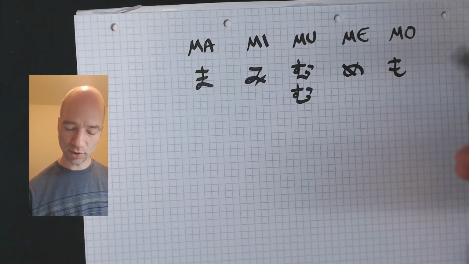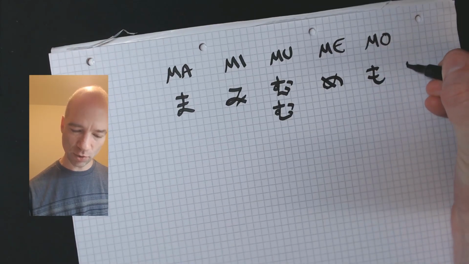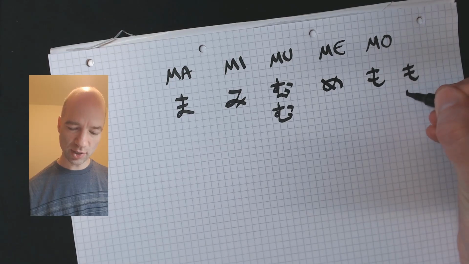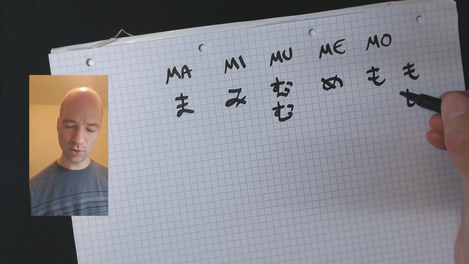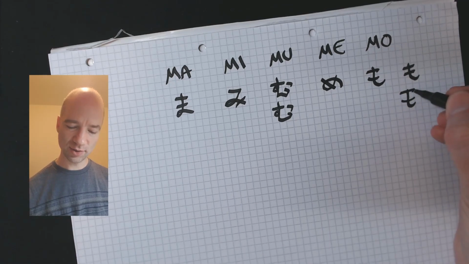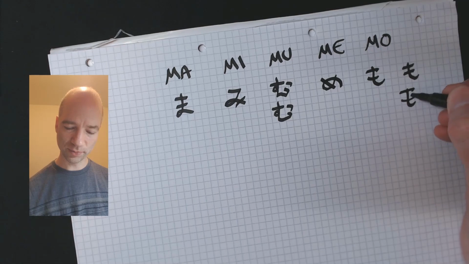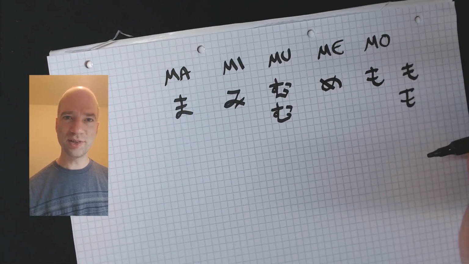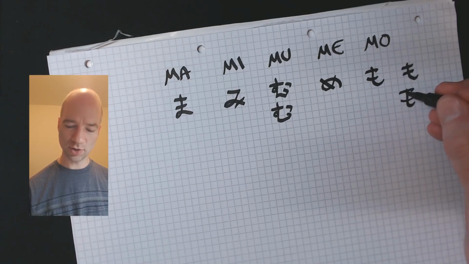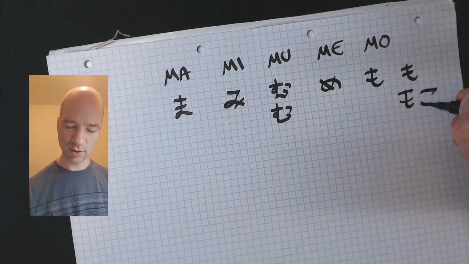So there's an important note here. You don't write the mo like so. See what I'm doing? I'm going there and turning left like that. It feels different from doing it like that, because it's almost like you're curving it a bit, as if you're writing a ko.